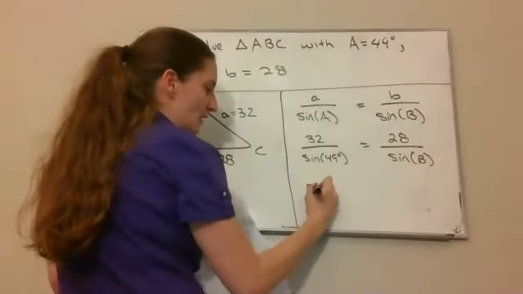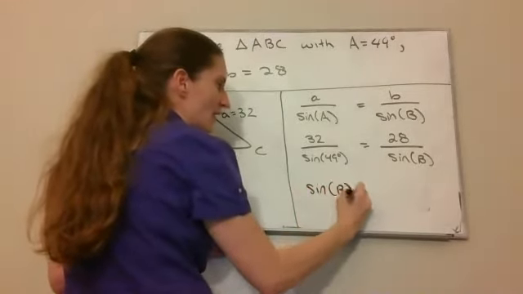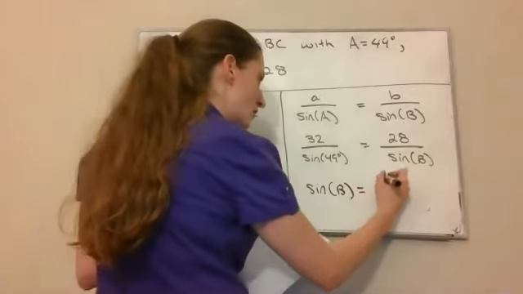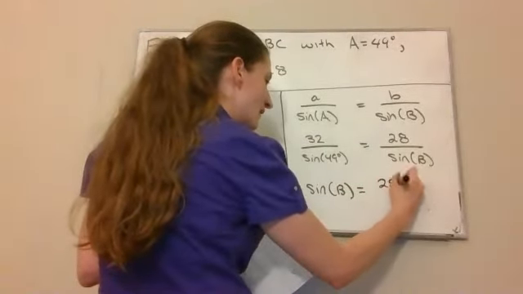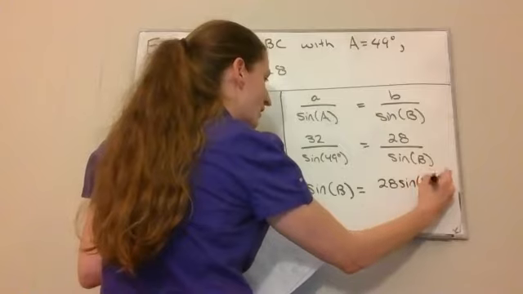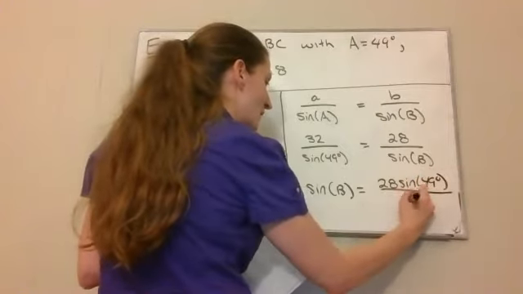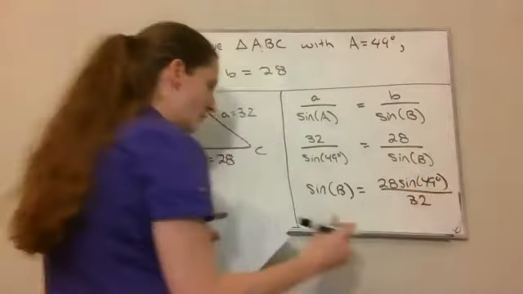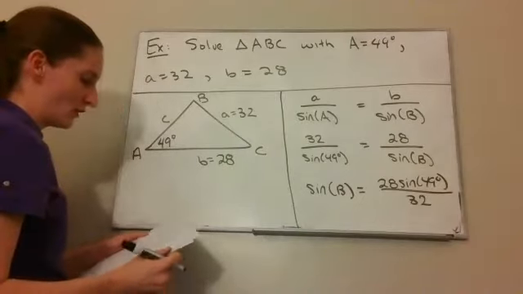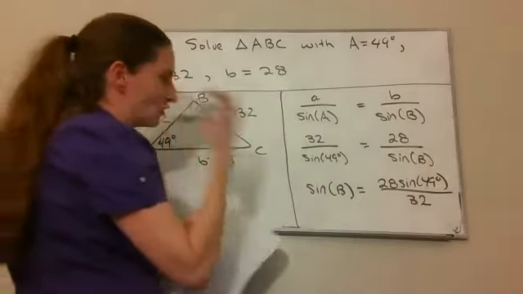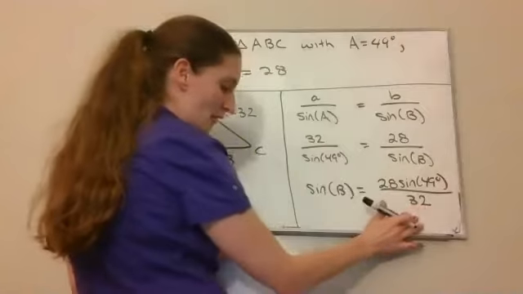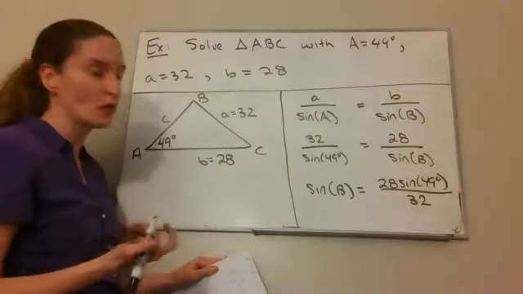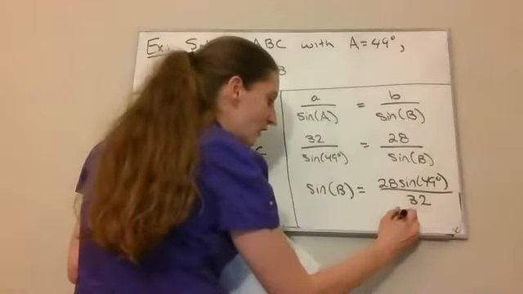This tells me that sine of B is equal to 28 sine of 49 degrees divided by 32, which we could simplify if we wanted to. If you type this into the calculator right now, you will get a value of 0.66 approximately.